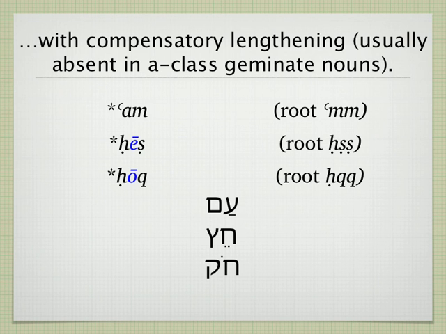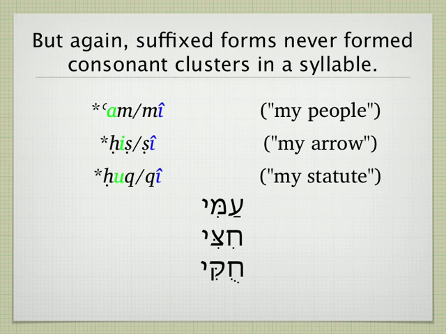But again, remember that this only happens with the unsuffixed forms that had the case ending that got dropped. What of the suffixed forms? Ami, my people. Chitsi, my arrow. Huki, my statute. There's no case ending to drop off. There's no consonant cluster left as a result, so no dropping of the duplicate consonant, and the forms remain unchanged, as in biblical Hebrew. Ami, chitsi, huki.